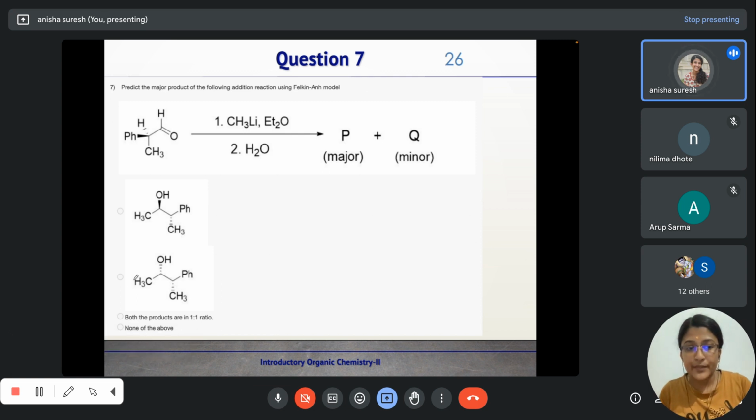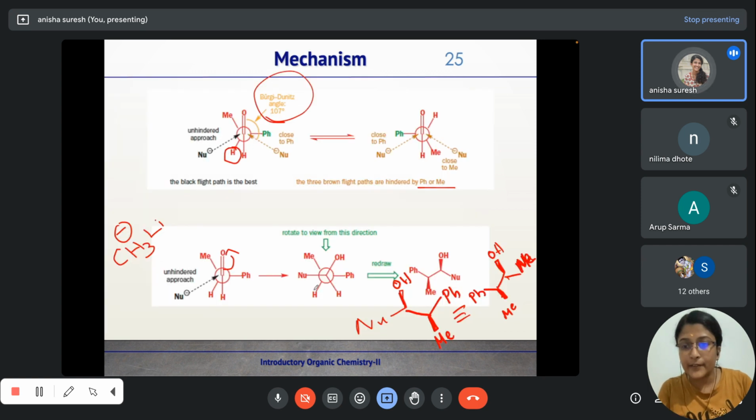So the correct option will be option B, because in our example it is given like this, both groups are coming in the same direction, methyl and OH, that are syn to each other, right?